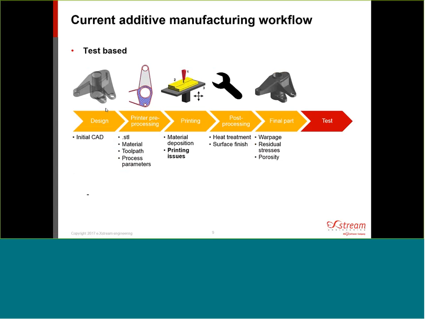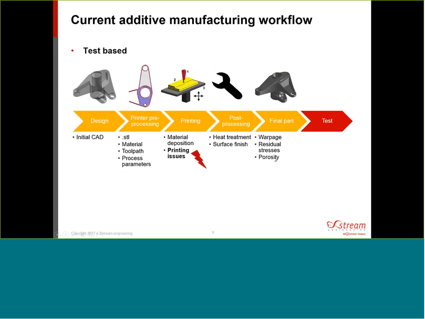So today, if you want to build a part with additive manufacturing, the actual workflow is to design the part, then actually print it. You may encounter printing issues like excessive warpage or excessive residual stresses. But if you have a successful print, then you end up, after some post-processing, with your final part that has a level of warpage, residual stresses, and maybe porosity.